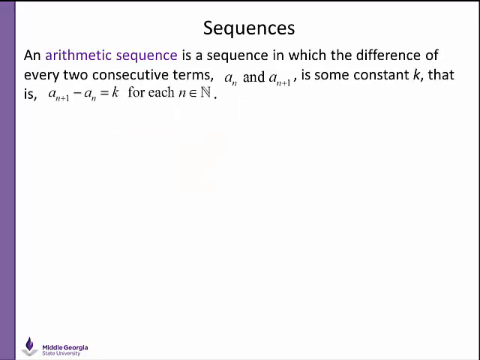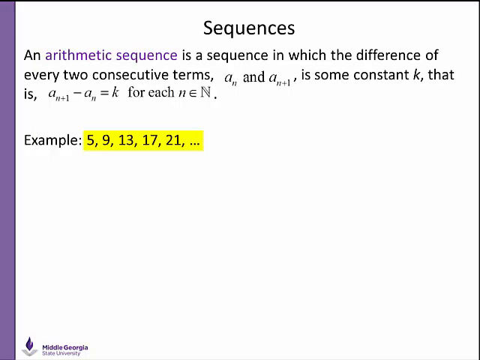An arithmetic sequence is a sequence in which the difference of every two consecutive terms, a sub n and a sub n plus 1, is some constant k. That is, a sub n plus 1 minus a sub n will equal k for each n which is an element of the natural number set. Here is an example. 5, 9, 13, 17, 21, and so on is an arithmetic sequence.